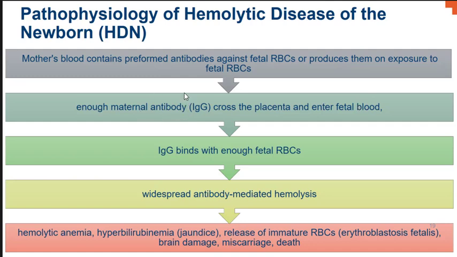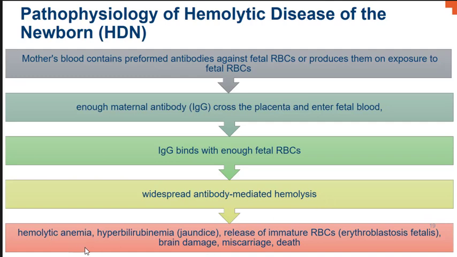If enough of these antibodies, which are immunoglobulin G, cross the placenta and enter the fetal blood, this can become a problem. They can attach, like a lock and key, to the fetal red blood cell, creating widespread antibody-mediated hemolysis, meaning hemolysis caused by antibodies.